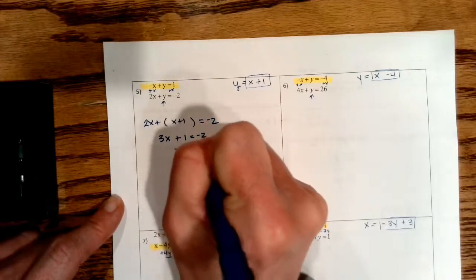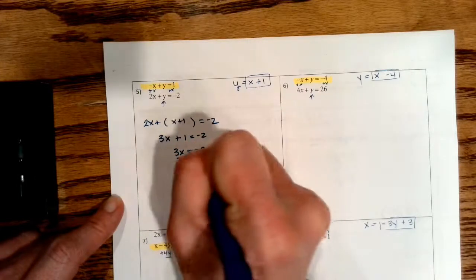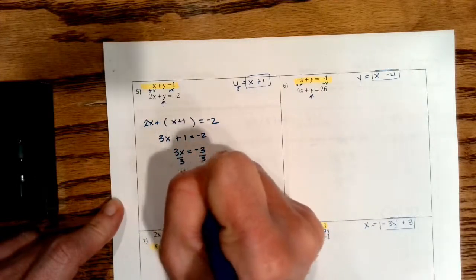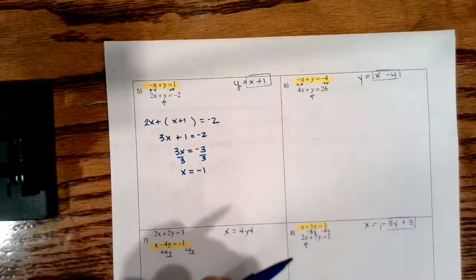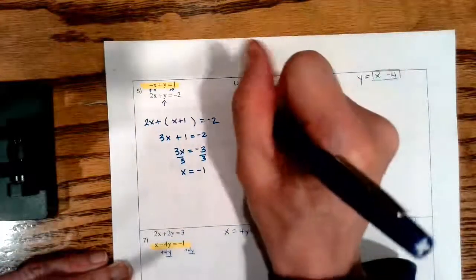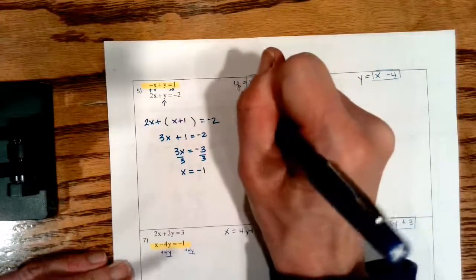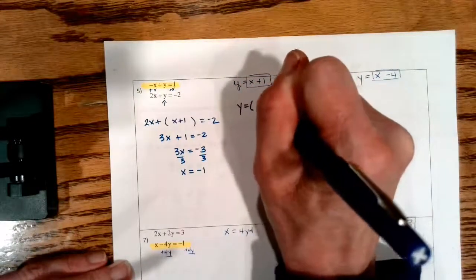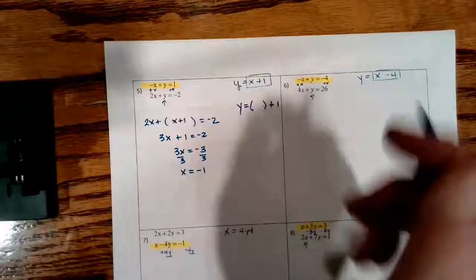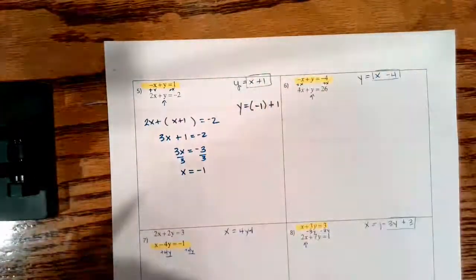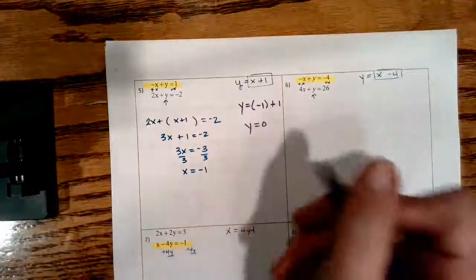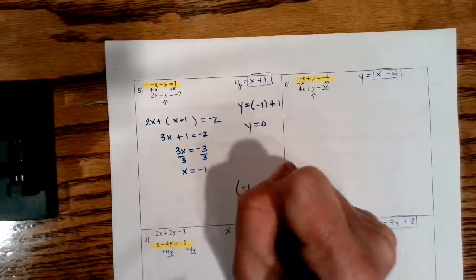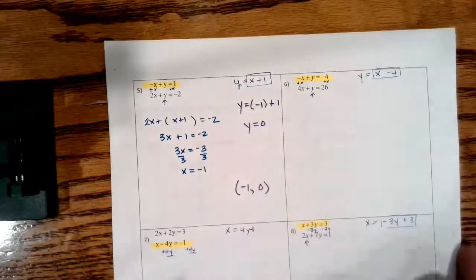Subtract 1 from each side, divide by 3, and x is equal to negative 1. When I come up here and I go to substitute, my y is equal to my x value plus 1. I'll put negative 1 in, and I get a y value equal to 0. So my ordered pair is negative 1, 0.